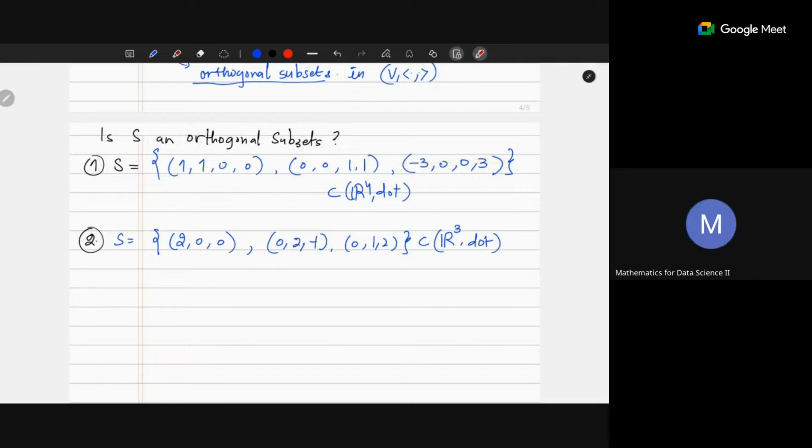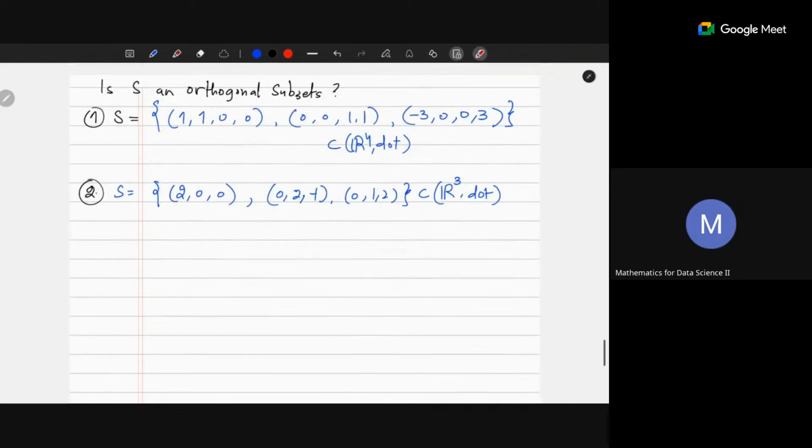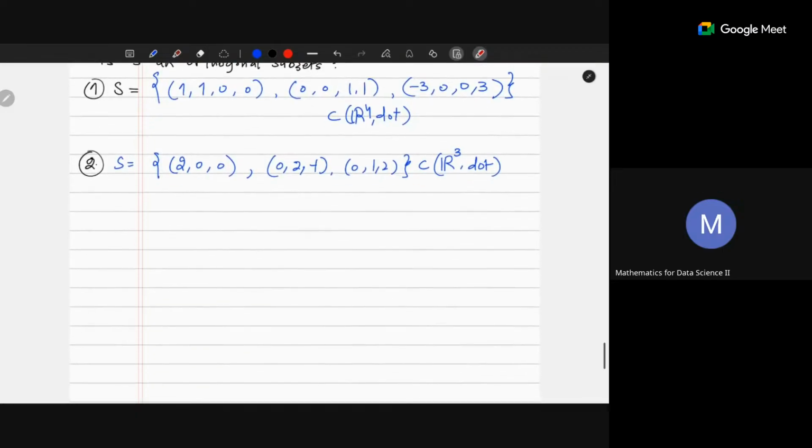Now, what about the subset given in option 2? Is it an orthogonal subset? Yes, it is. And if I remove any of the vectors from this subset, does it remain an orthogonal subset or not?